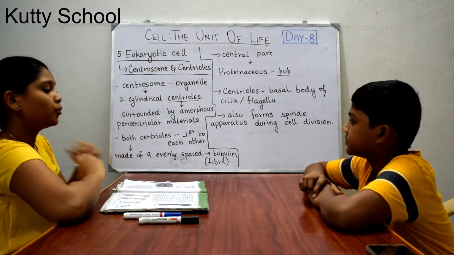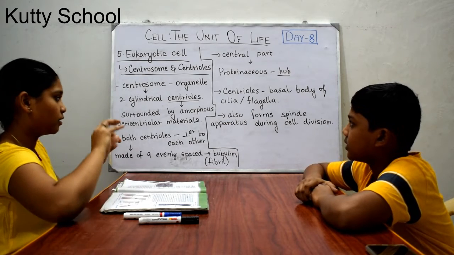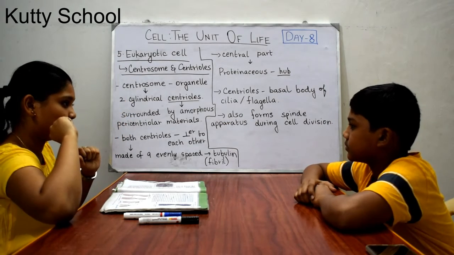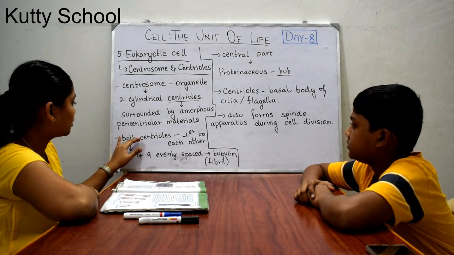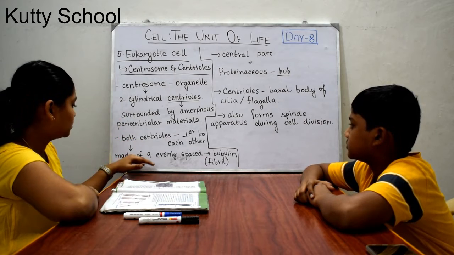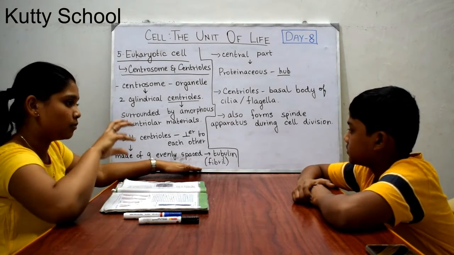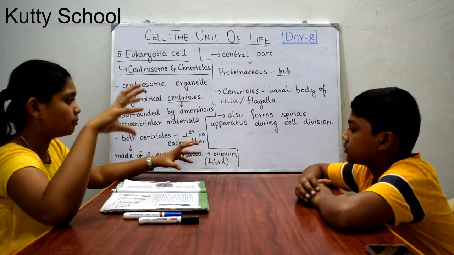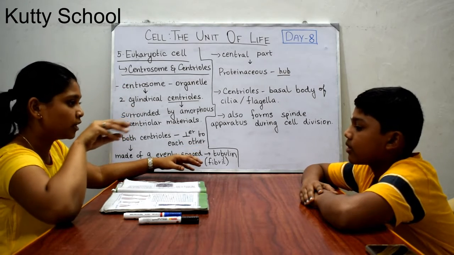They are connected by tubules, as we saw in cilia and flagella. These tubules are three in number, a triplet, and they are connected with the central hub through radial spokes.